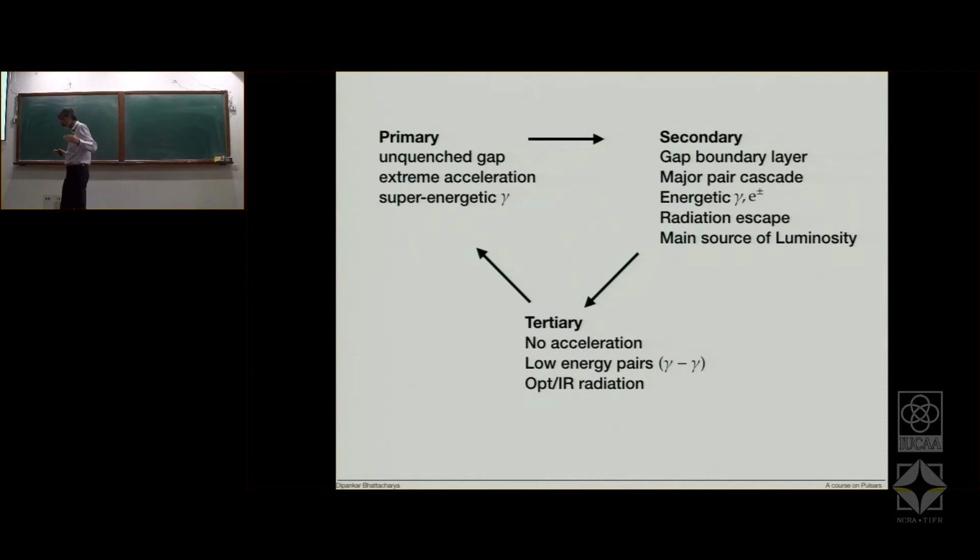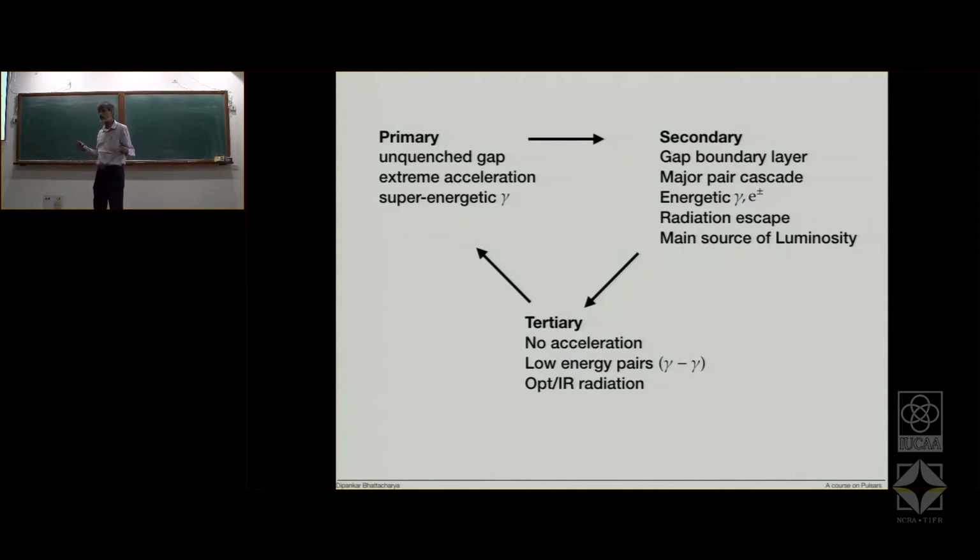So beams produced in one part of the magnetosphere by ingoing particles and beams produced in another part by outgoing particles will produce beams of high energy radiation which will end up as crossed beams and intersect in the tertiary region.